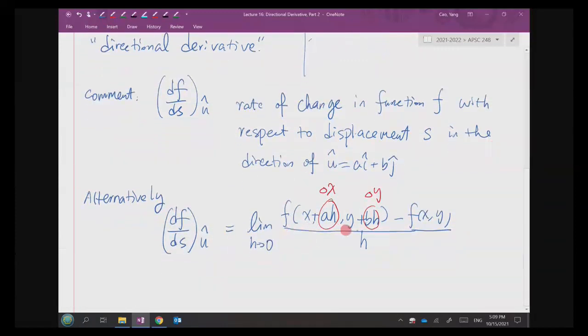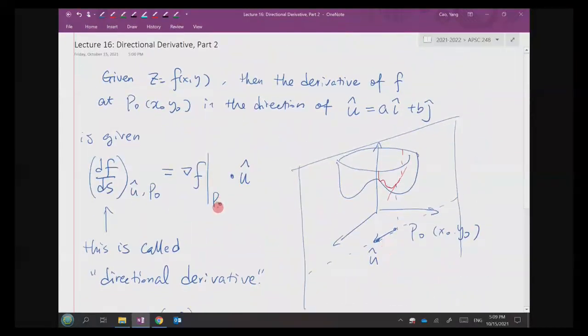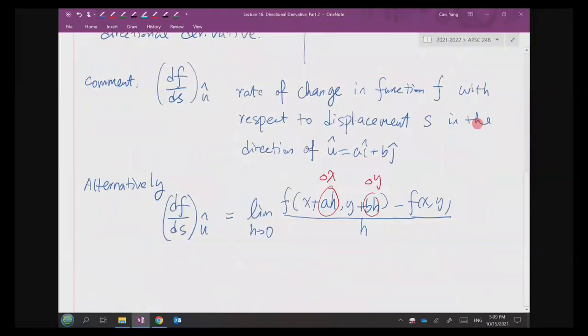So this definition will give you the directional derivative. Now, if you change your x, y to a specific point, x naught, y naught, you get exactly the directional derivative at this p naught location. As a matter of fact, if you recall, when you learn derivatives, one of the approaches to get the derivative is to use the definition.